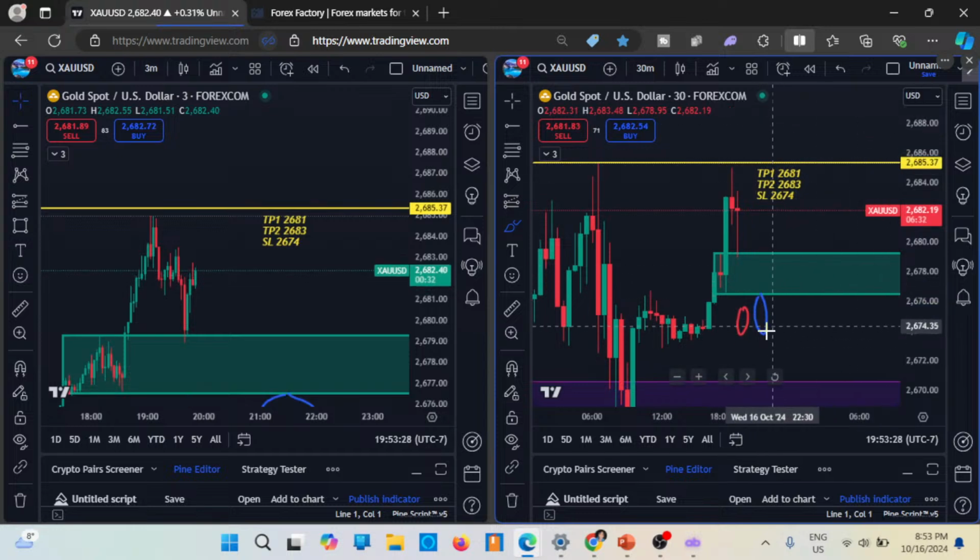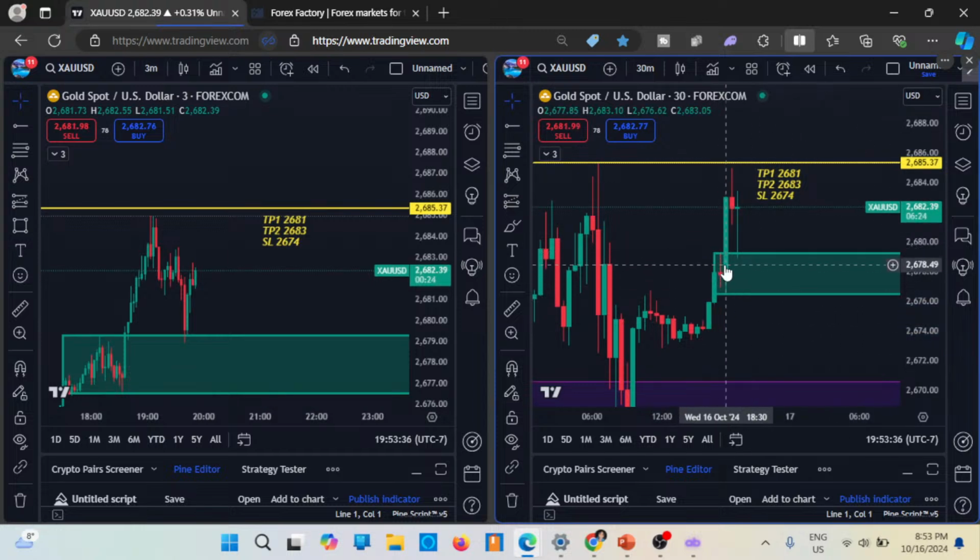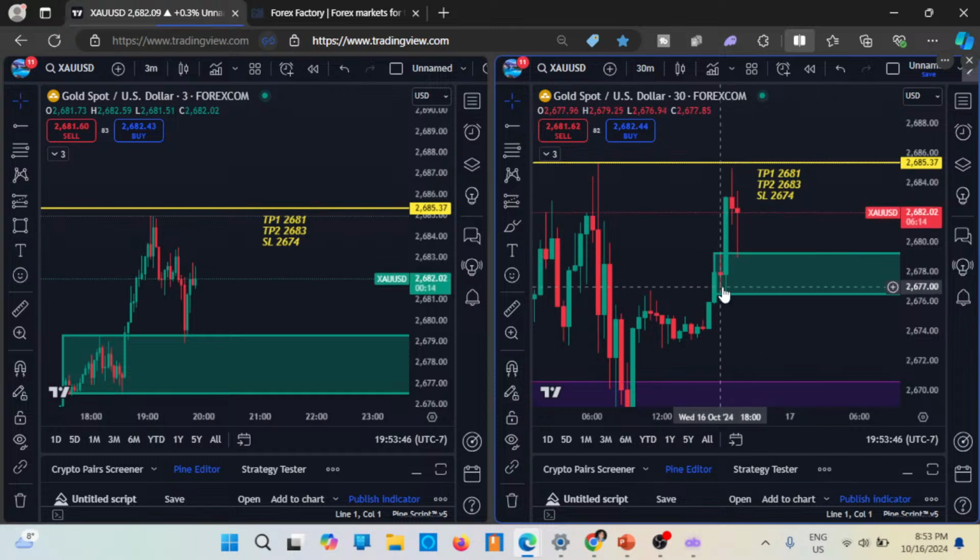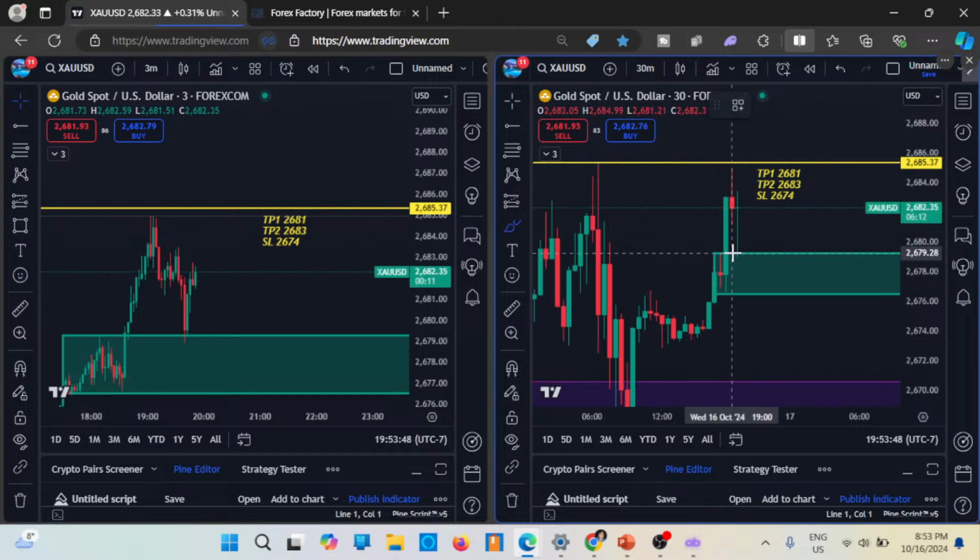So I basically check all the lower time frames to see if there was any formation of a red candle followed by a green candle below the price, because the price was up here. I was able to see that on the 30 minutes and the 15 minutes.